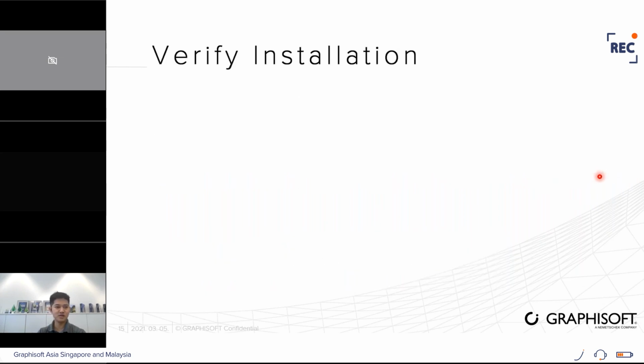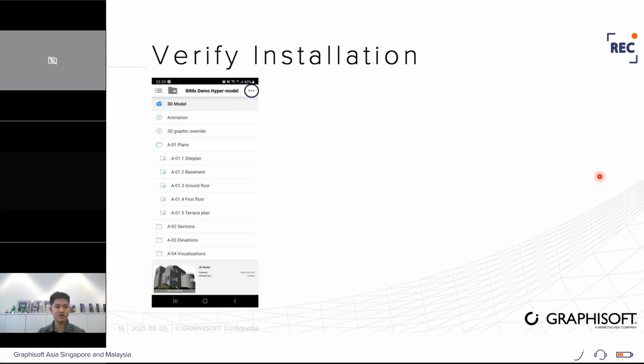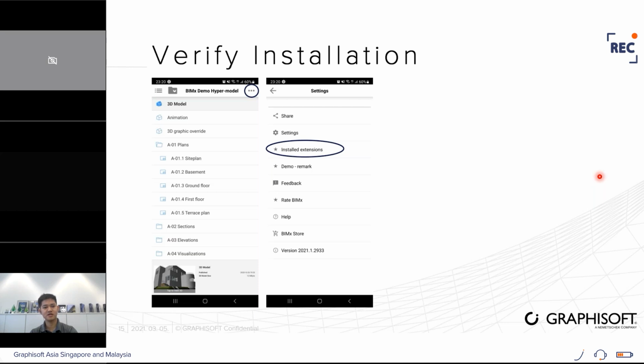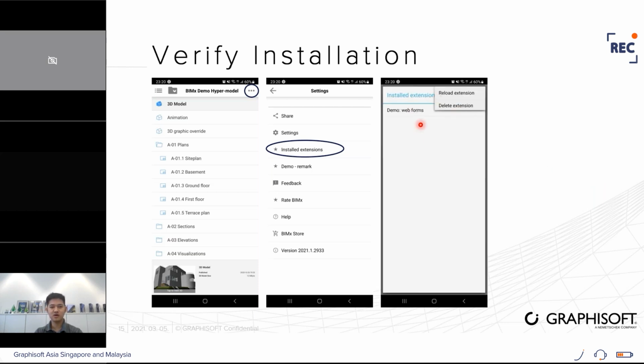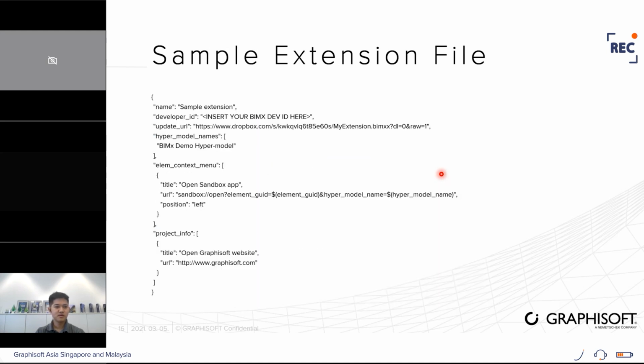To verify the installation, after you click the .bimxx file, click on the three dots, or the add more, then click Installed Extensions, and you'll see all your installed extensions here. This is what the sample extension looks like. This example is just adding an open sandbox app in the context menu. Later, I'll show you where that is. And if you click that, it will go to this URL here.